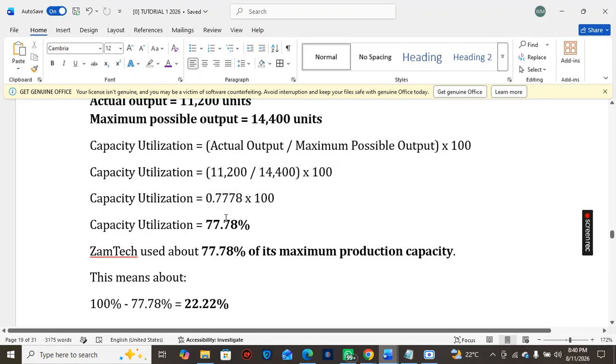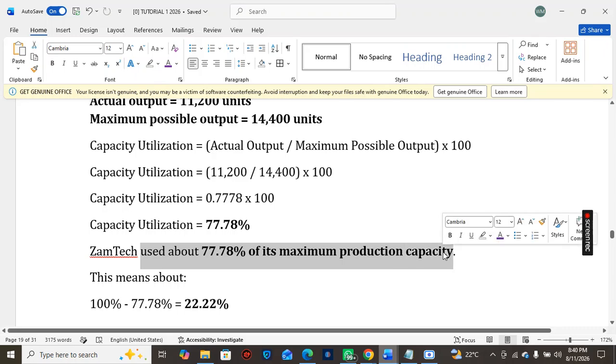Multiplied by 100, that is 77.78%, which tells us that Zamtec used 77.78% of its maximum production capacity.